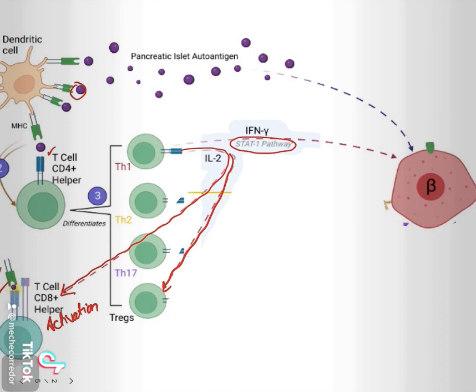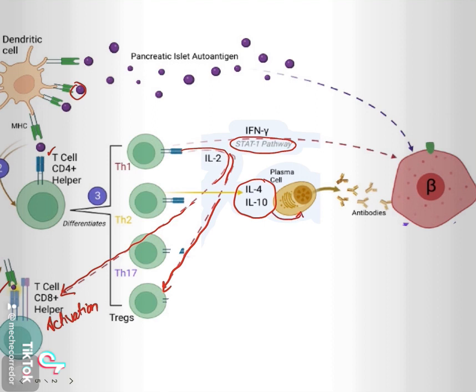Th2 cells, on the other hand, secrete a different type of interleukin. That is IL-4 and IL-10. Now we know that these interleukins activate plasma cells, and plasma cells in turn produce antibodies. These antibodies are also directed to beta cells.